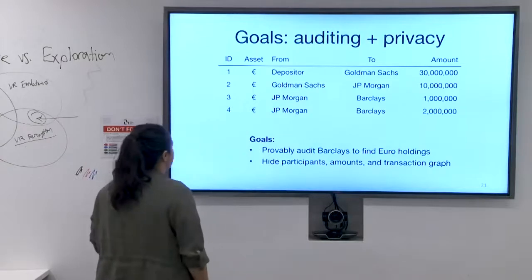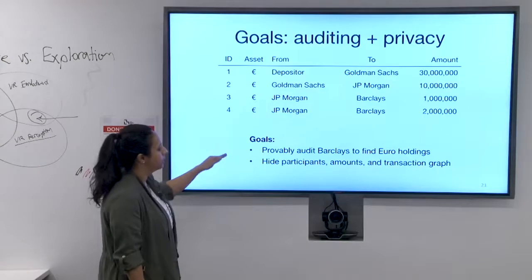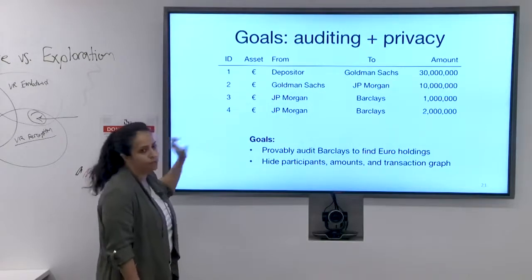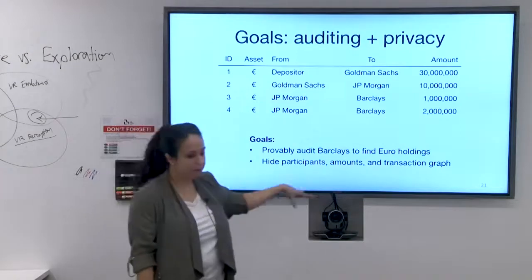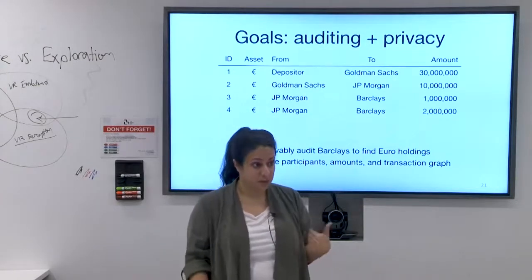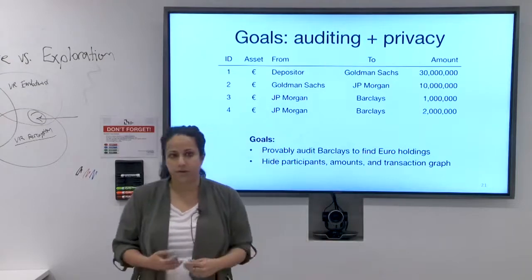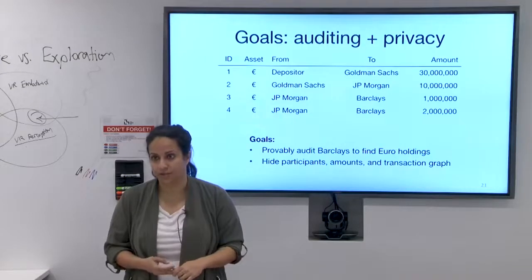So in this example, we're going to try to provably audit Barclays to figure out how many euros Barclays is holding. And again, we want to hide the participants, amounts, and the transaction graph. What do I mean when I say transaction graph? I think you learned a little bit about a system called confidential transactions a few weeks ago.